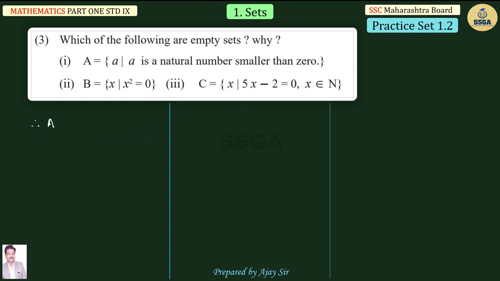Therefore set A is equal to curly brackets. There is no natural number smaller than 0, so there is no element in that set. Therefore this is an empty set, student. So this is the first point.